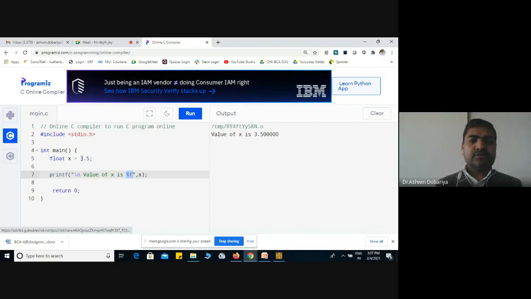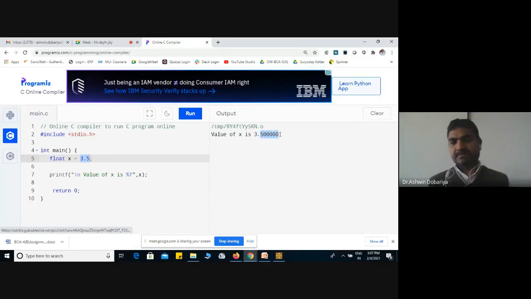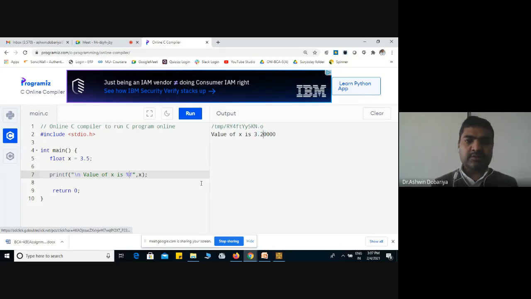See, actually I have stored only 3.5, but it shows 3.500000, which means after the decimal it generally displays 6 digits. So how can we restrict the number of digits after the decimal point? In that case, we use precision. Suppose after the decimal point I want to display only 2 digits. Then we can mention precision, dot two, right?